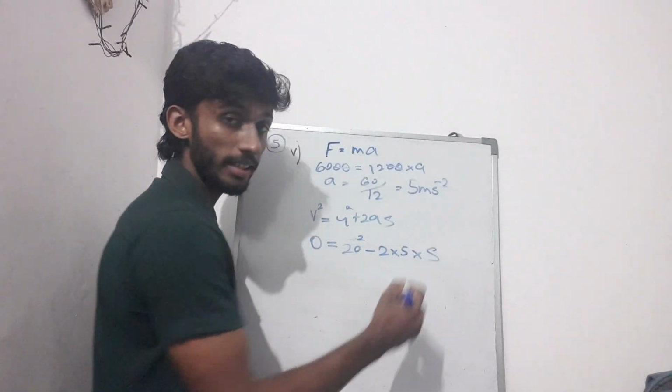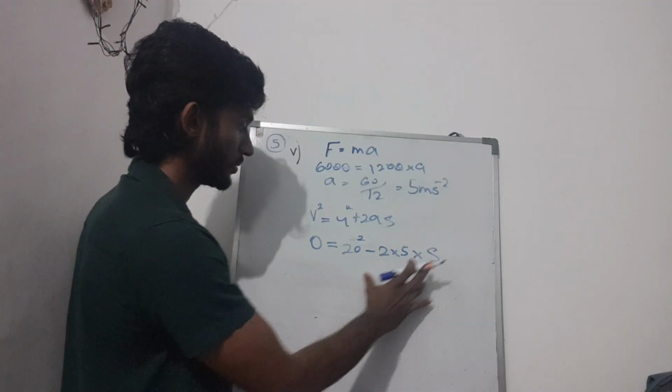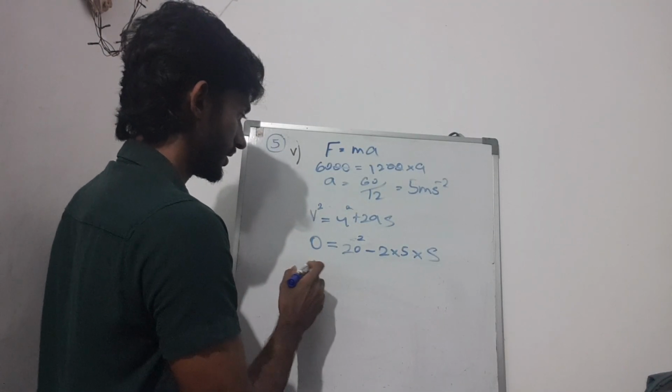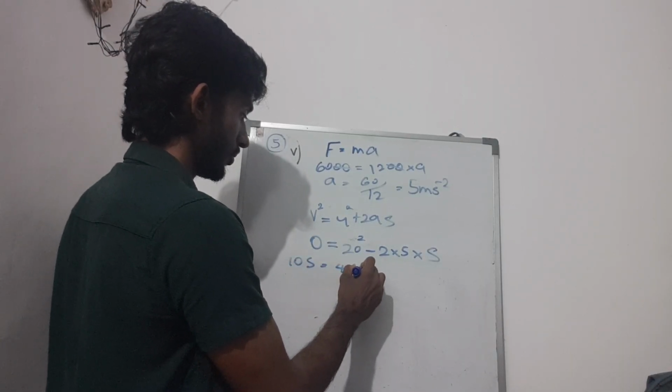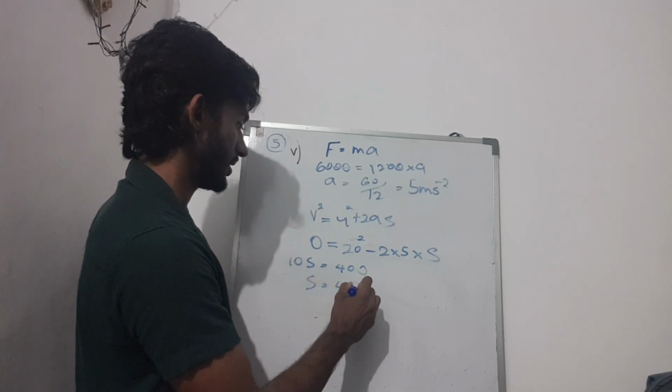We want to find s. Then s equals 400 over 10, so s equals 40 meters.